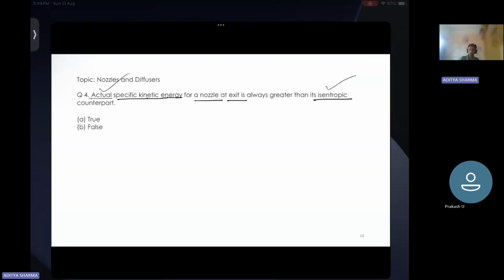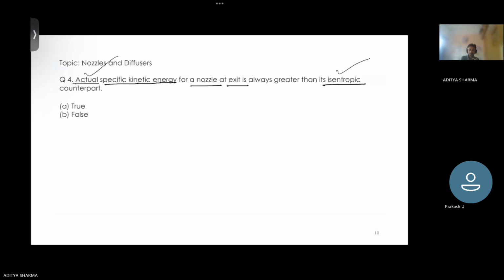Now if we see our question, it says that it is greater for the actual case than for the isentropic case, which is not correct. So this comes out as a false statement.